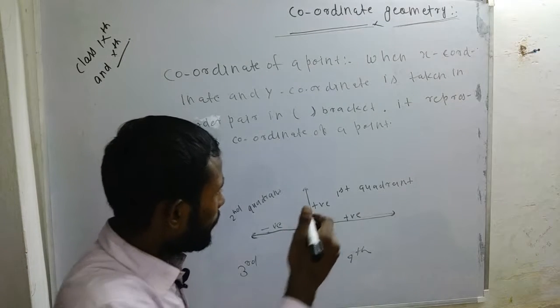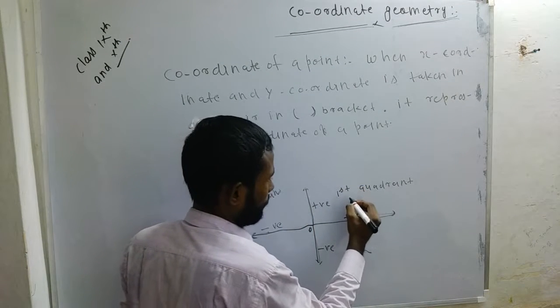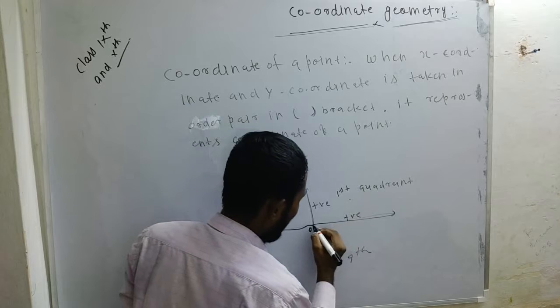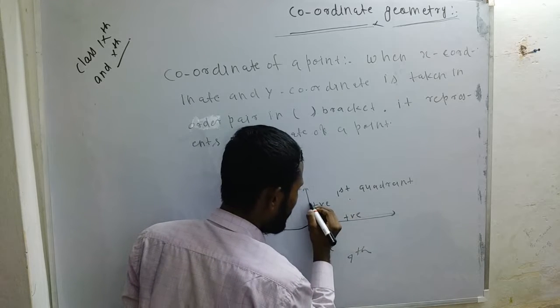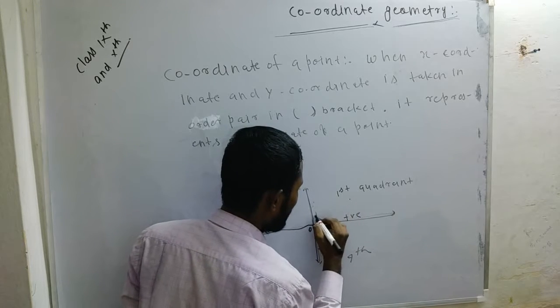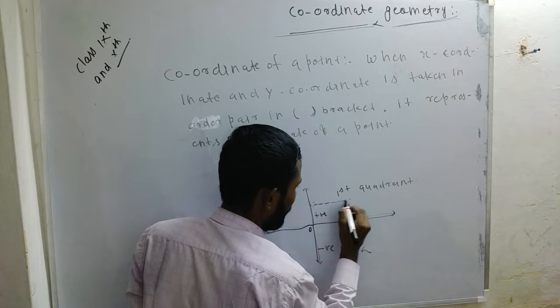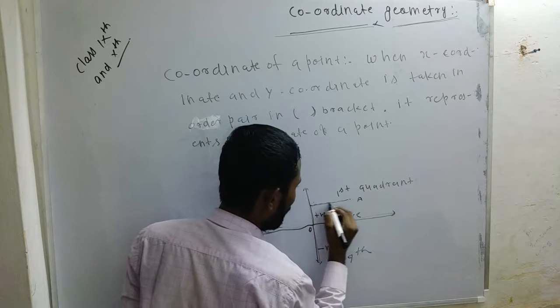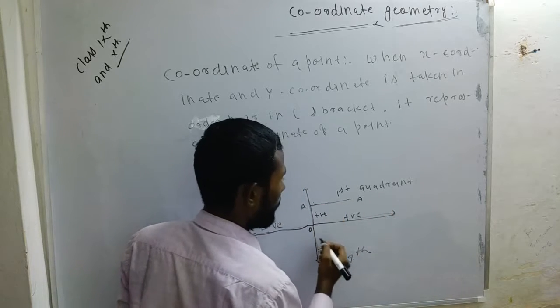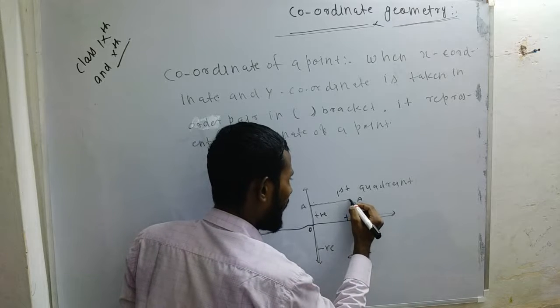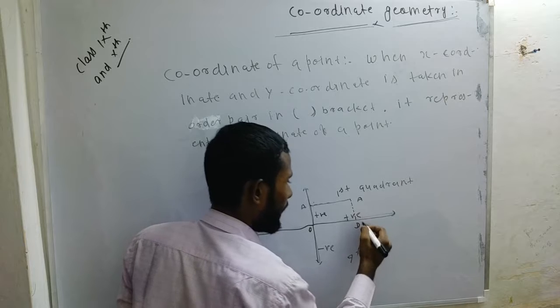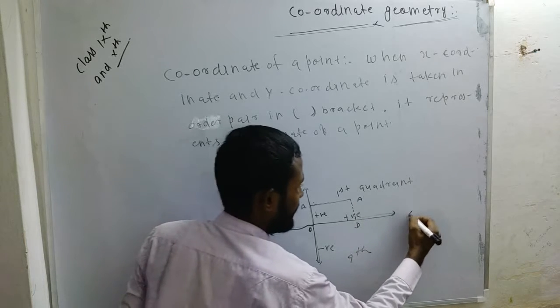Let us take any point. Here the x coordinate means the perpendicular distance from this point to the y axis, that means AB, while the y coordinate means the perpendicular distance from A to the x axis.